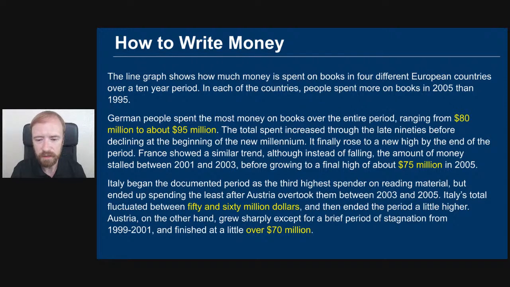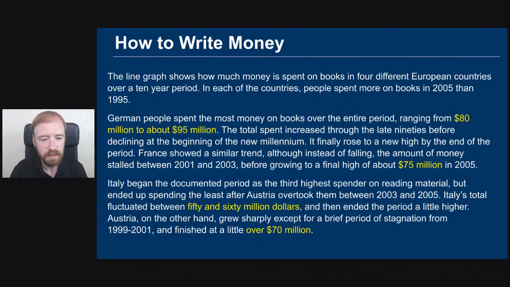Later on in the second paragraph, they have about $75 million in 2005. In the third paragraph, it says Italy's total fluctuated between 50 and $60 million. So they're writing out the numbers 50 and 60 and dollars. There's another way to express it: no symbols, no short way, just write out the numbers, 50 and $60 million.